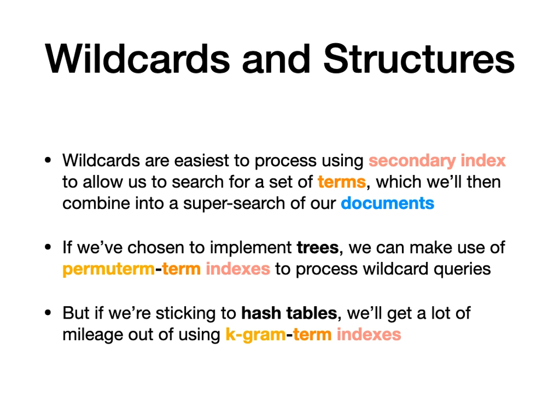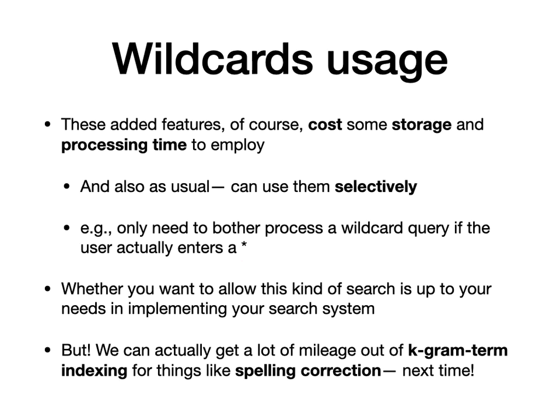That's a useful, easy way to walk through a tree to help you find the particular terms that you need for your search. But if we're going to stick with hash tables, we get a lot of mileage out of k-gram term indexes, and we will reuse them quite often for other things down the line. So this is a good thing to do.